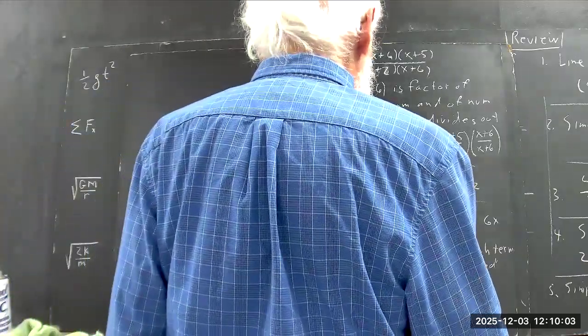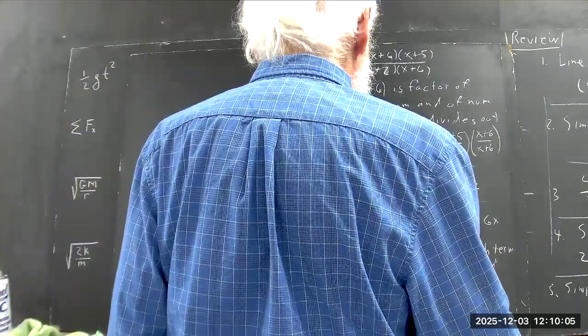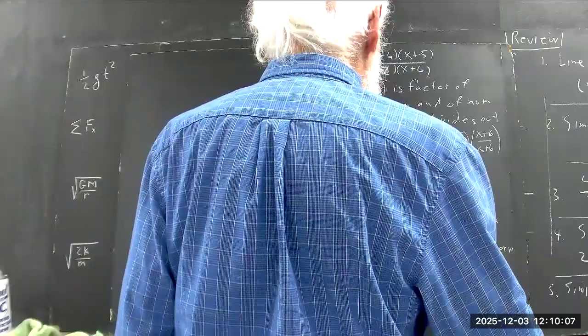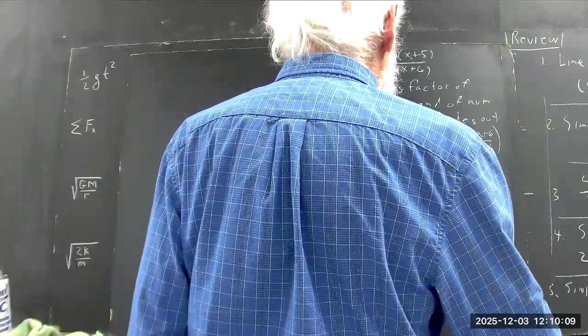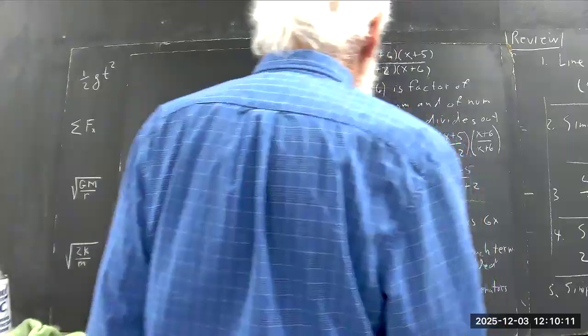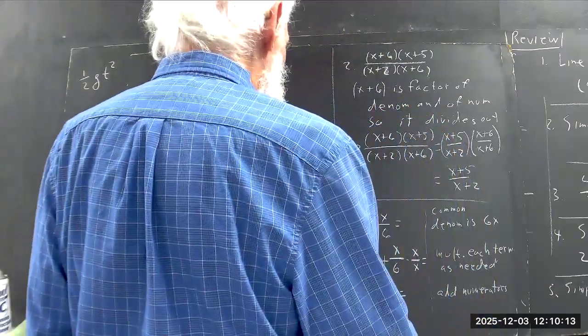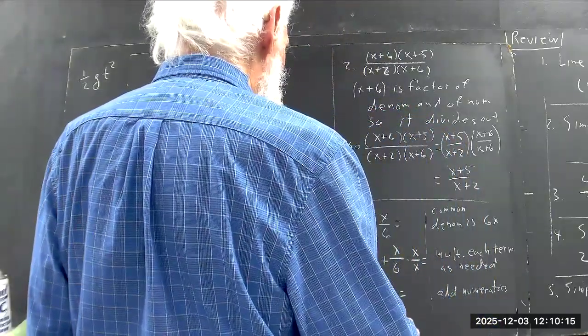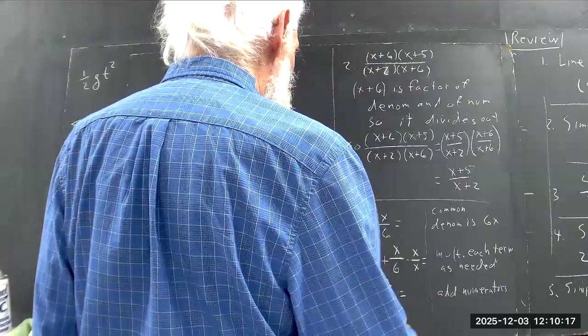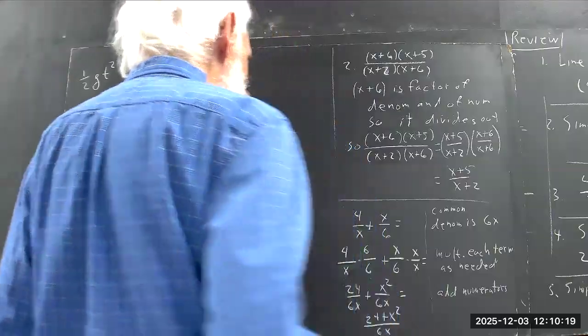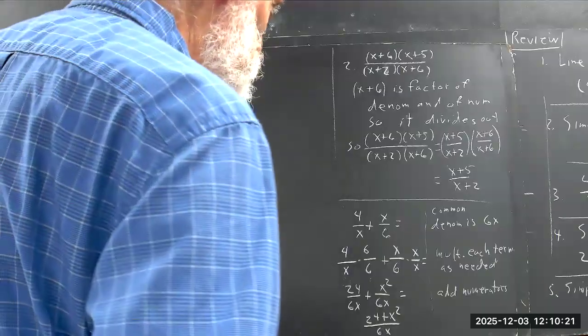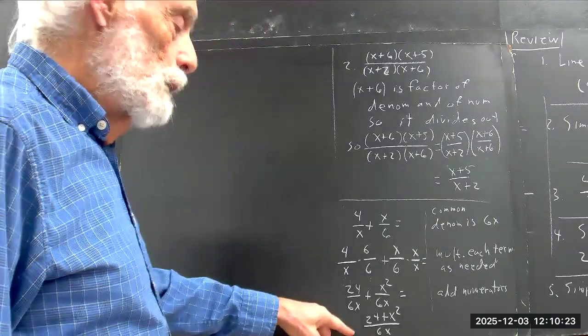And then we add the numerators to get 24 plus x squared over 6x. Now, what do you do with that?